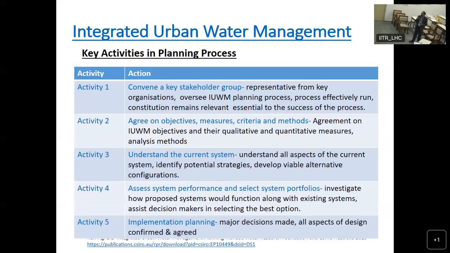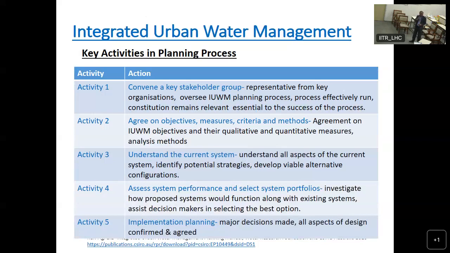So, a little bit more description on those activities which we talked about. When we say having a conversation among the stakeholders, convening a key stakeholder group, bringing them together, representatives from different organizations, which will be part of the overall planning process.